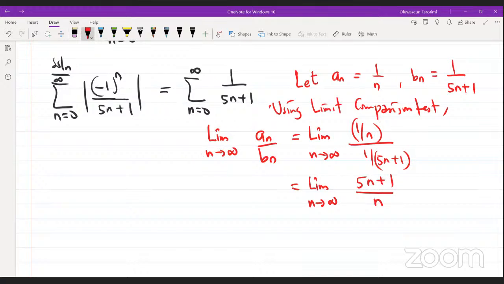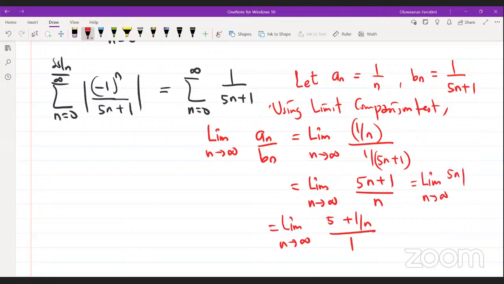How do you find the limit of this type of thing? You divide the top and bottom by the highest power of n. So you have 5n divided by n plus 1 over n.